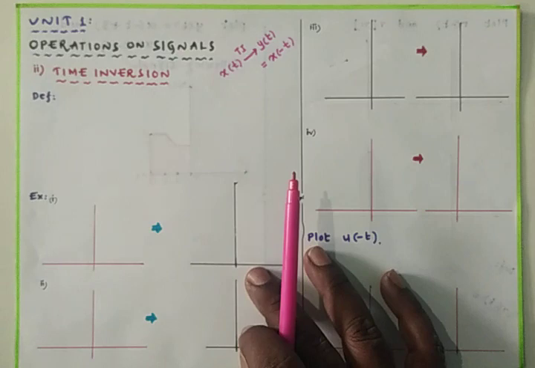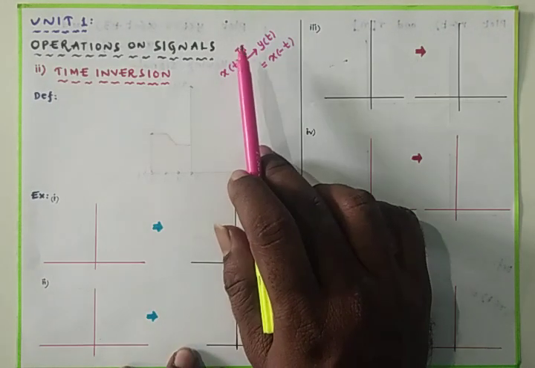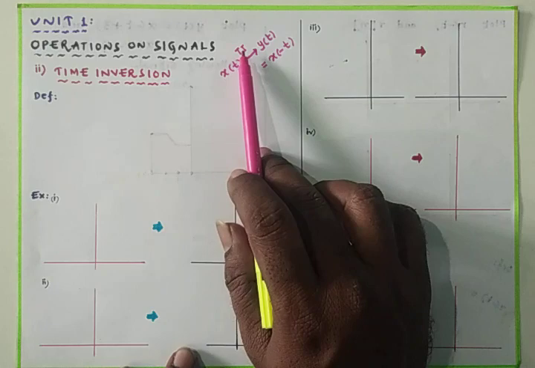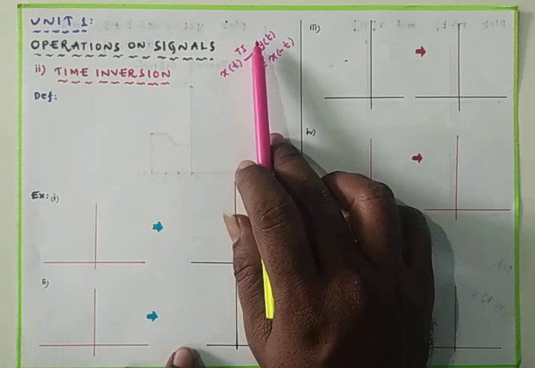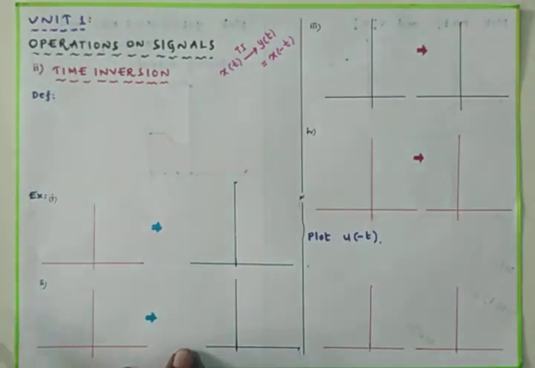A general example for the time inversion operation is a speech signal. Let us assume it is x of t. If I apply the inversion operation, the resultant signal is the same signal played in the backward direction.